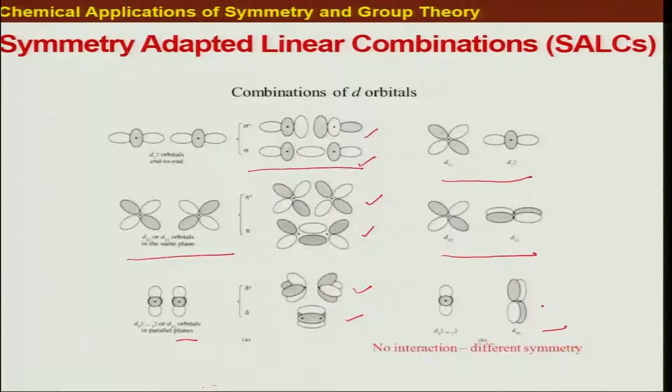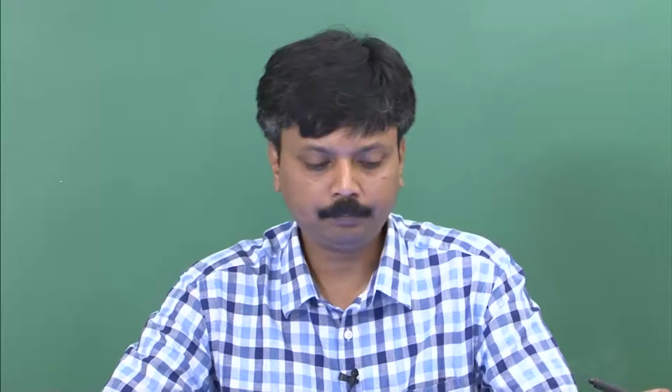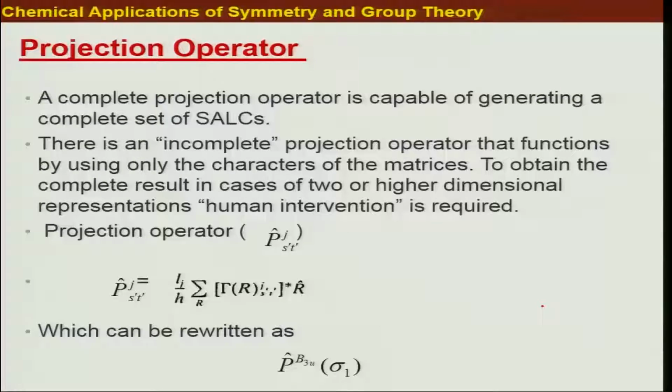We started with that in the last class. We said that there is a tool called the projection operator, and the projection operator can give us information about which orbitals can linearly combine and give symmetrically allowed molecular orbitals.